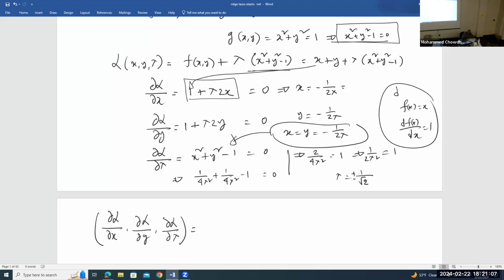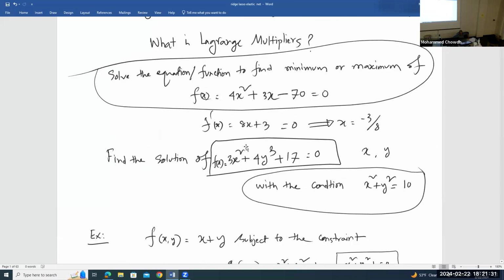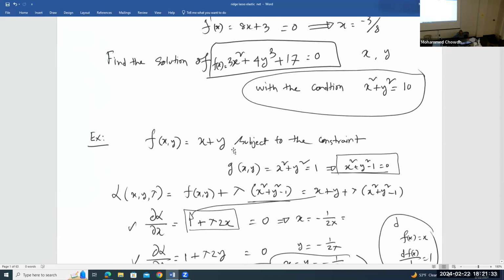When you do these, you had these values: 1 plus 2 lambda x, 1 plus 2 lambda y, and then you had x square plus y square minus 1. Okay. This is all your first order derivative point.